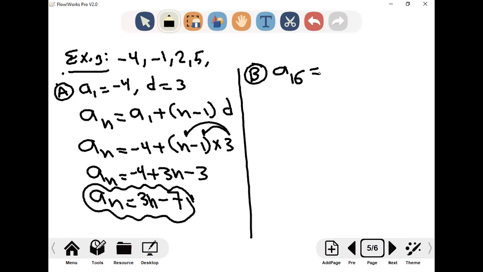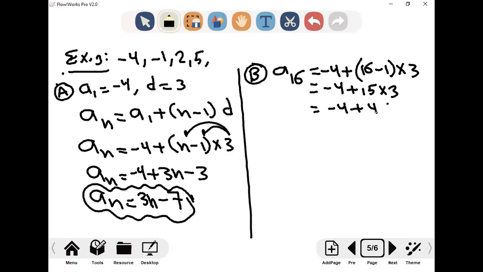So I'll use the formula. a16 means in place of n, I put what? a1, how much is a1? Negative 4 plus n minus 1, how much is n? 16 minus 1, all multiplied by d, which is 3. This equals negative 4 plus 16 minus 1, 15, multiplied by 3. So negative 4 plus 45, which is 41.